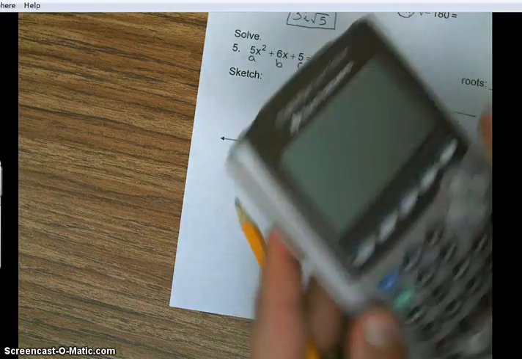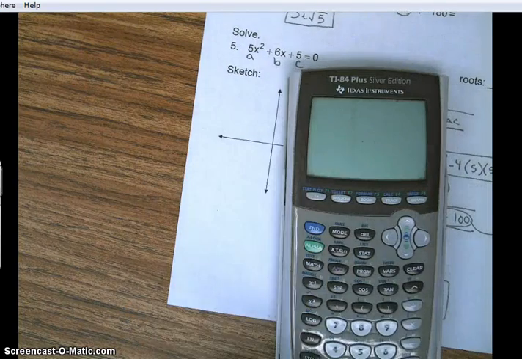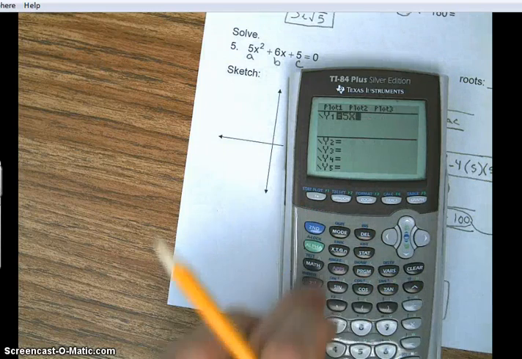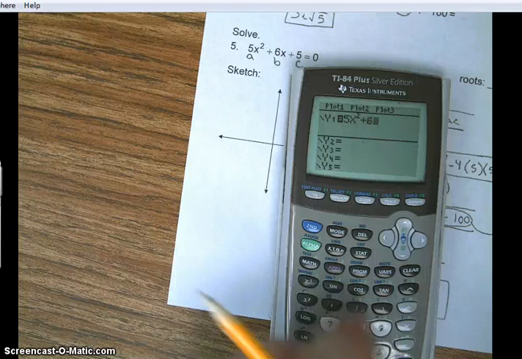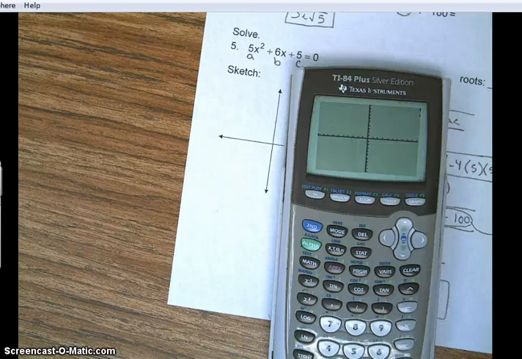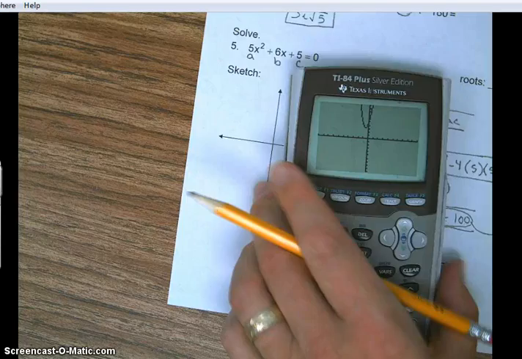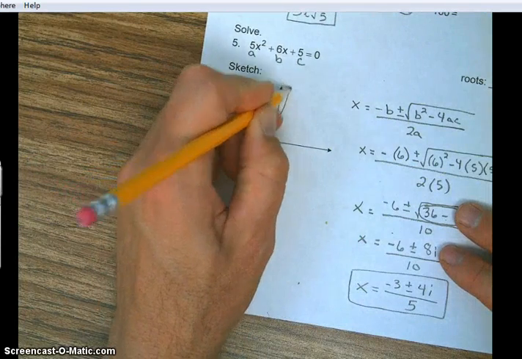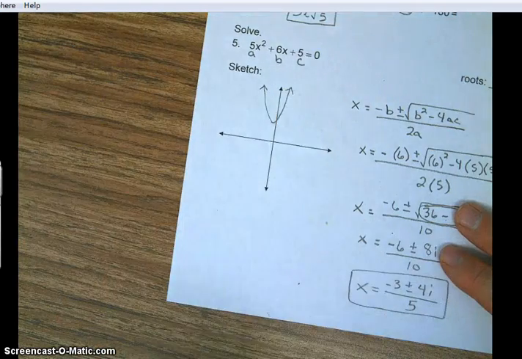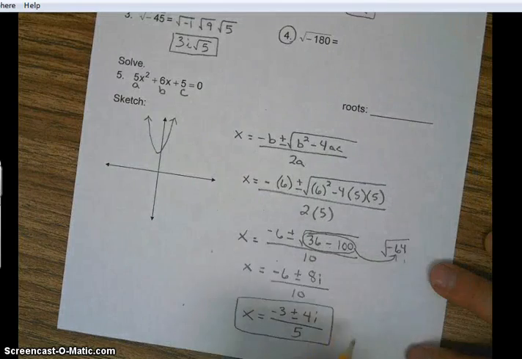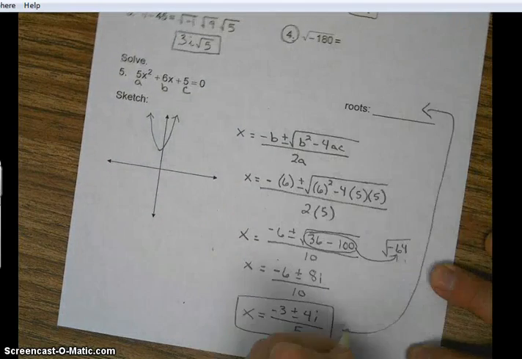Well, let's take a quick look and see where it is. All right, so there it is. I could have got some points, but that's good enough. So here is my answer.